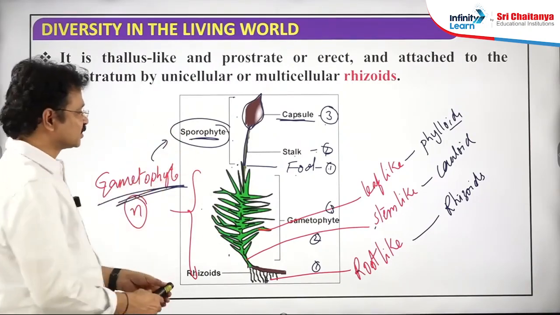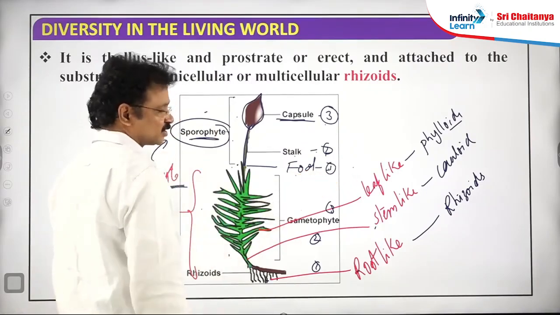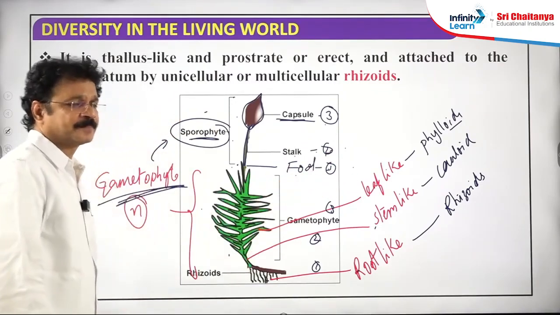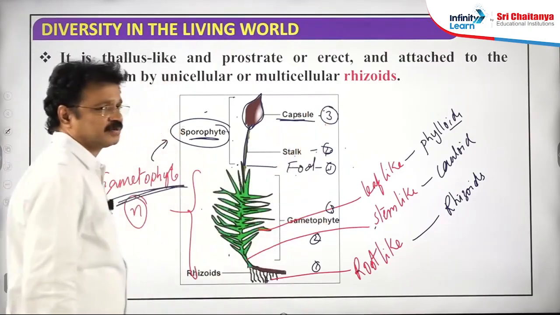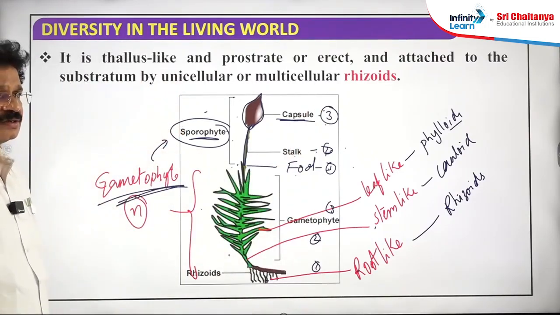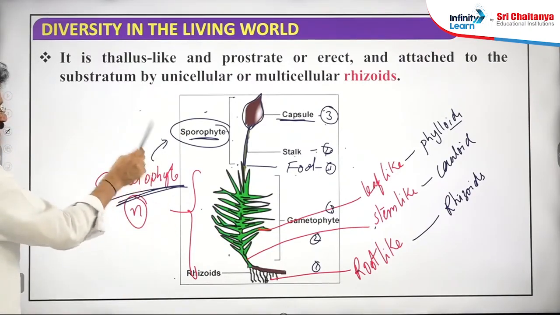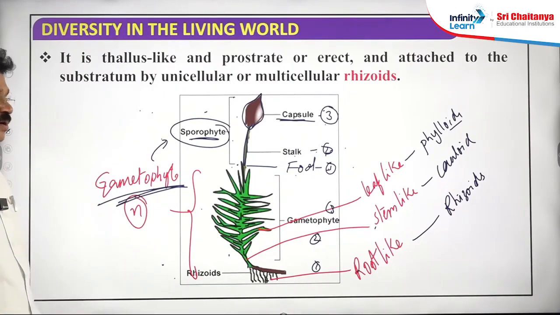Whereas in higher plants, the sporophyte is dominant. The foot gradually becomes the root system, the stalk gradually becomes the shoot system, and the capsule turns into leaves and flowers. This is the elementary knowledge of most moss plants.